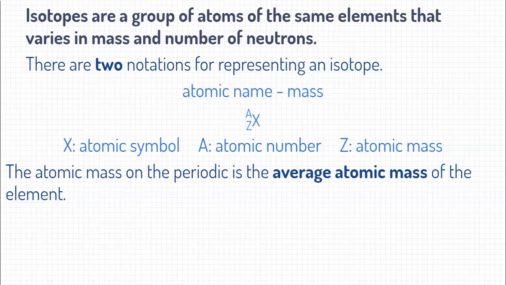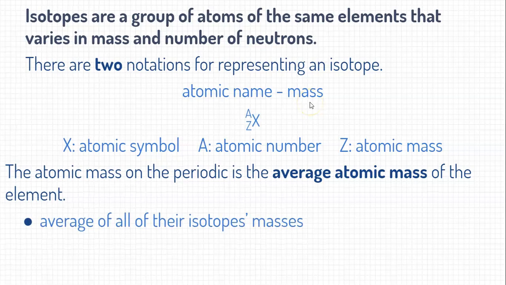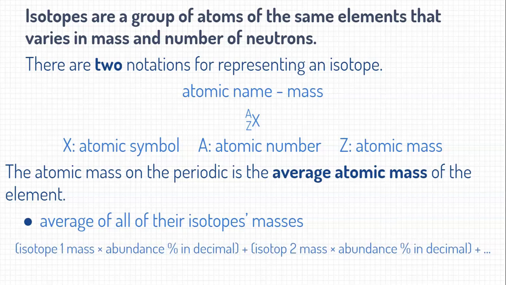The atomic mass that we see on the periodic table is the average atomic mass of all of the isotopes that specific element has. Again, it's the average of the isotopes' masses. And that is how you usually calculate them.